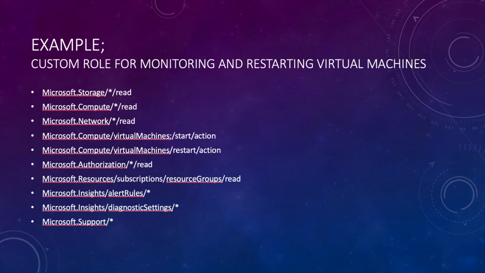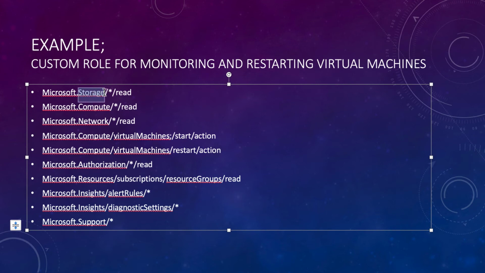Some examples of what you can assign or not assign are permissions to read, write, or execute on different resources like storage, compute resources, network resources, and so on. Creation of the virtual machine, starting or restarting the virtual machine.